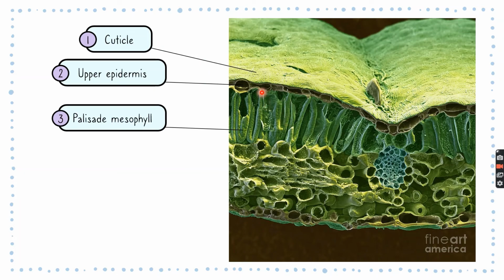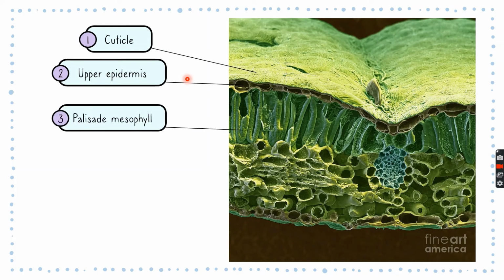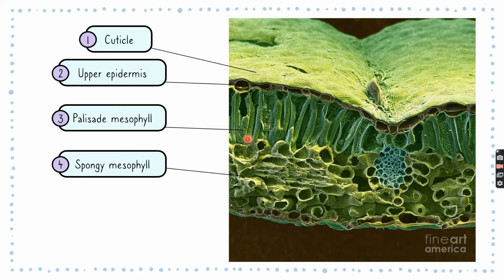And then if you have a look here, you don't really see much green stuff here because the upper epidermis does not have any chloroplast. But then you can see more green stuff right here. At this layer, you can see the palisade mesophyll, which is the photosynthesizing cells of the leaf, and the circular type of cells right here is the spongy mesophyll.